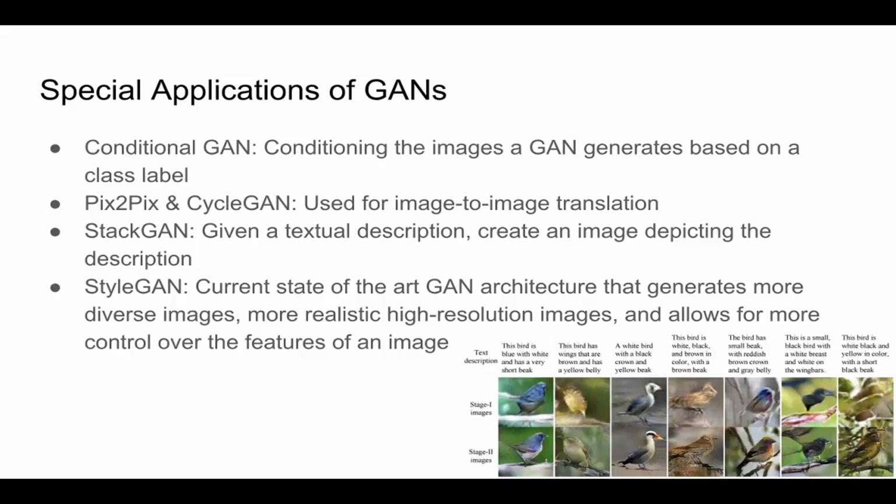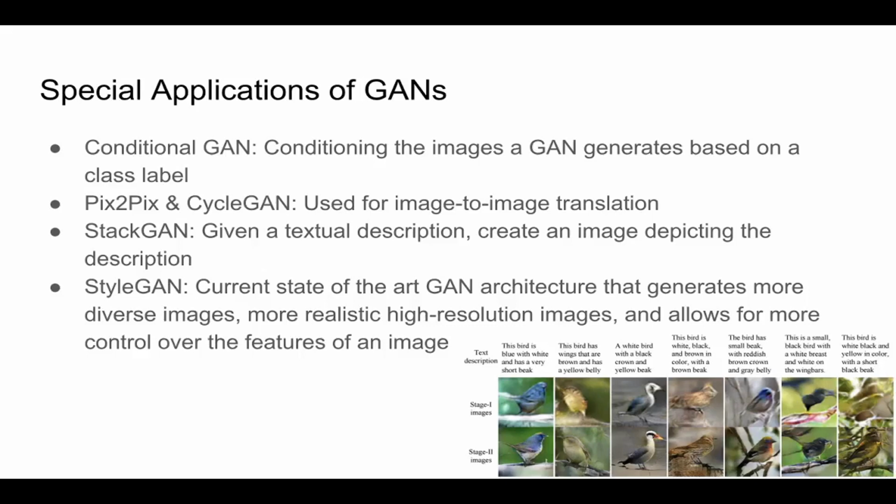There are a lot of cool applications of GANs, and here are some of the most popular applications. The first is a conditional GAN, which generates an image based on some condition like a class label. In this case, the training dataset also needs to have a label for what the class is. Another popular application is translating between domains, which can be done using pix2pix and CycleGANs. StackGANs are given a sentence, and the output is a generated image of the sentence.